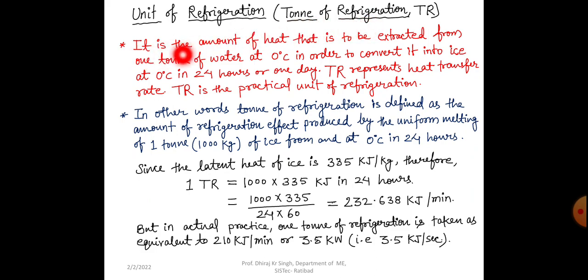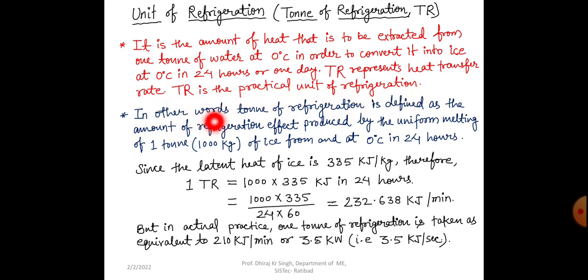It is the amount of heat that is to be extracted from 1 ton of water at 0 degrees Celsius in order to convert it into ice at 0 degrees Celsius in 24 hours or in one day. So TR basically represents heat transfer rate and TR is the practical unit of refrigeration.